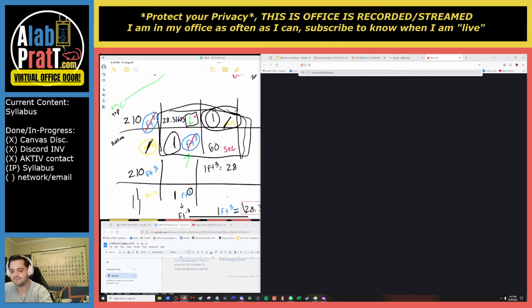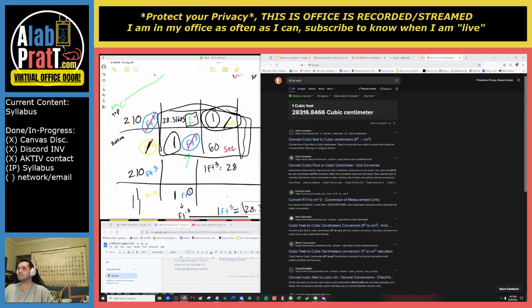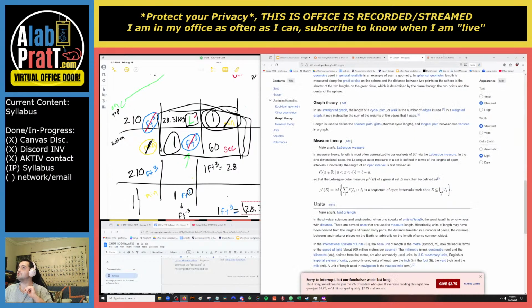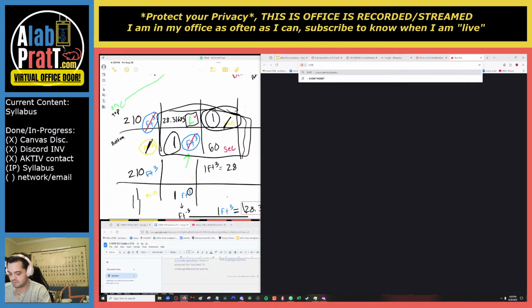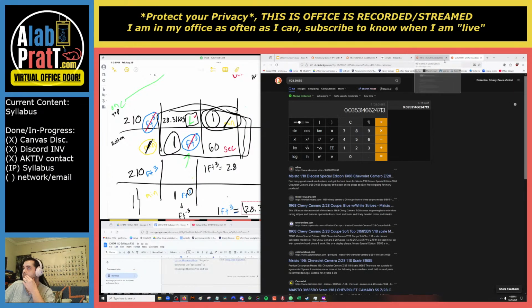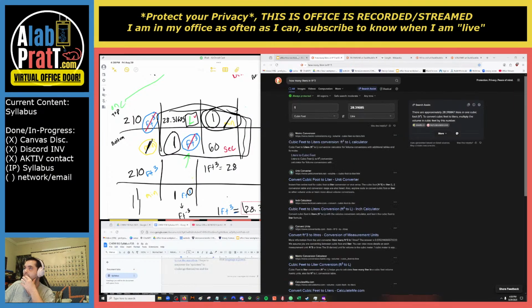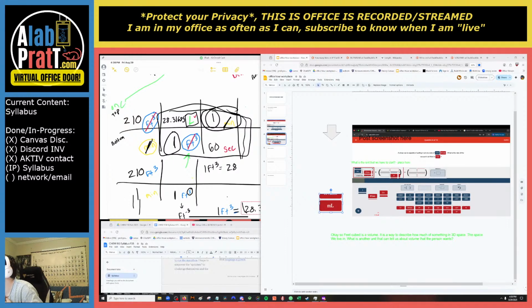Let's see if there's feet cubed to centimeters cubed. 28,316. Oh, another thing we could do. I forgot about this. What is this number? Do we have that number anywhere? No, I don't think we do.